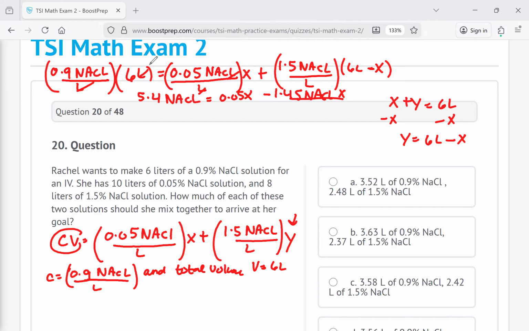So when you solve for X, X is going to equal negative 3.6 NaCl divided by negative 1.45 NaCl. You get 2.48 liters.